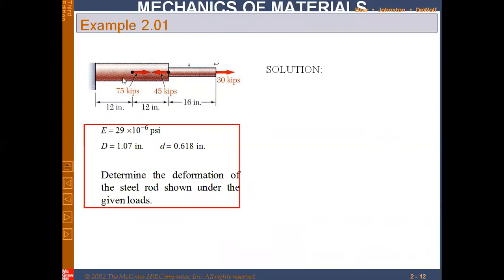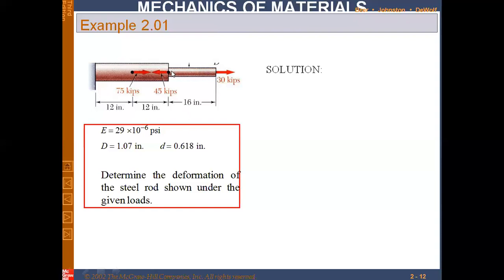So here we have a rod, and this rod is not of uniform cross section. The diameter is different. Here the diameter is more, it is capital D, and it is 1.07 inches. And here the diameter is small d, and it is 0.618 inch.